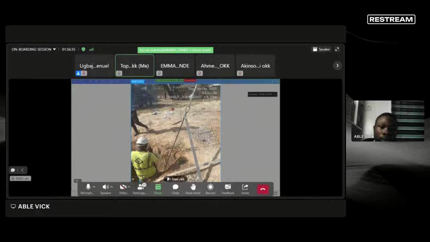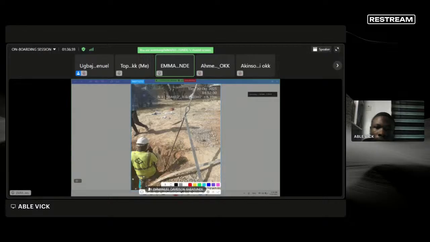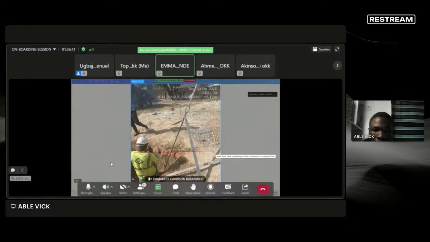The simple answer to this question is the design gave an inclination angle for this guy. If this is my ground level, the design stated clearly that the angle between the iron rod and the ground should be 70 degrees.